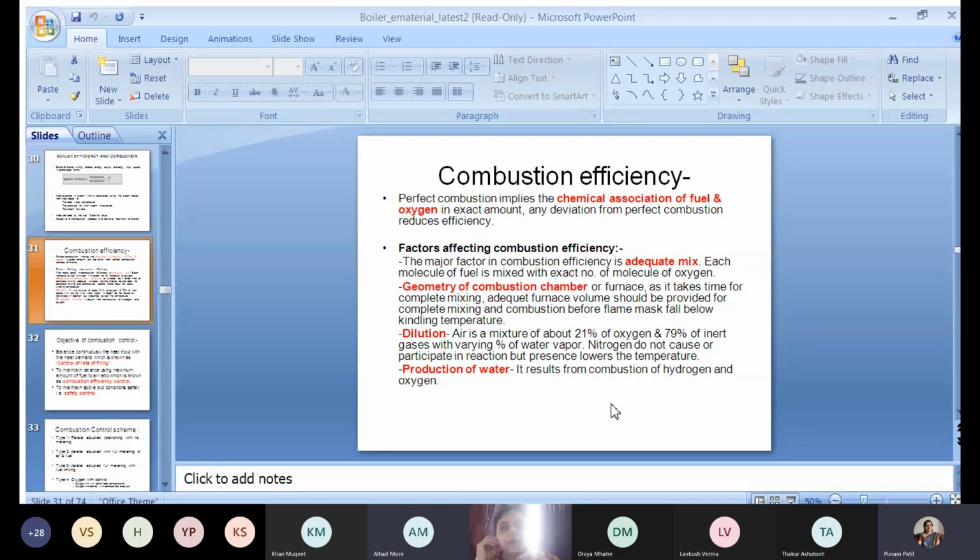Production of water: hydrogen and oxygen gas mix with each other, so H plus O2, what is it giving? H2O, right? So water droplets are produced, not when the flame is produced, but suppose ignition temperature is not there, only the air and fuel mixture is added in the combustion chamber.